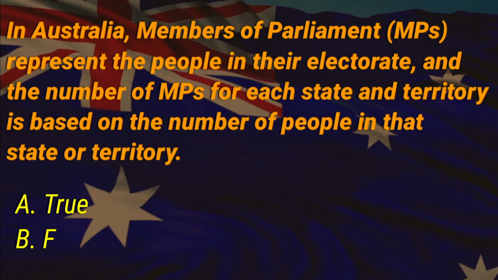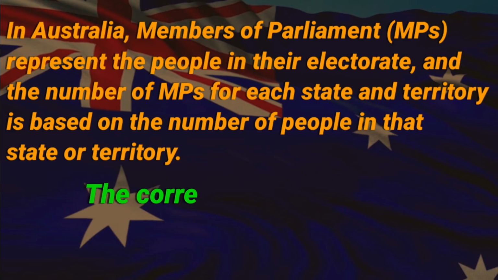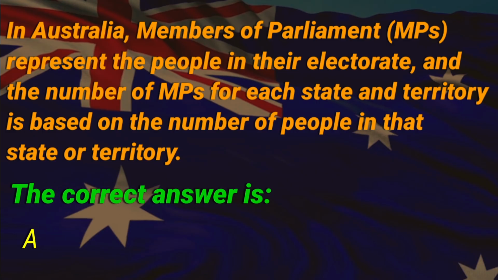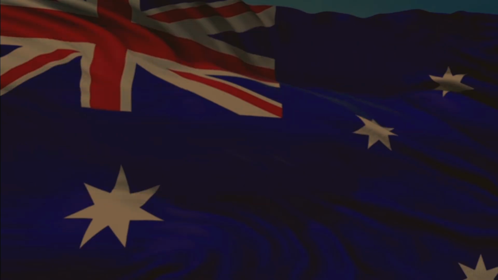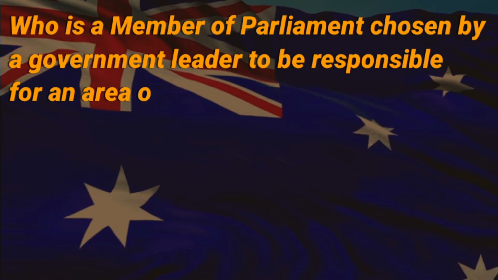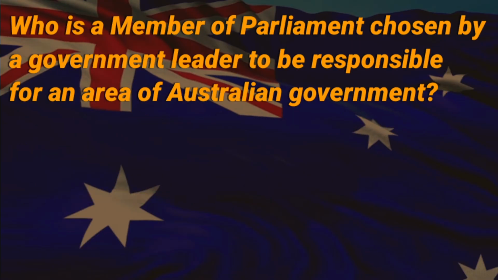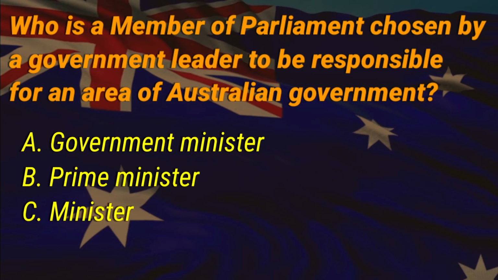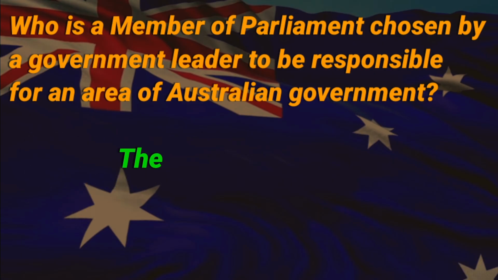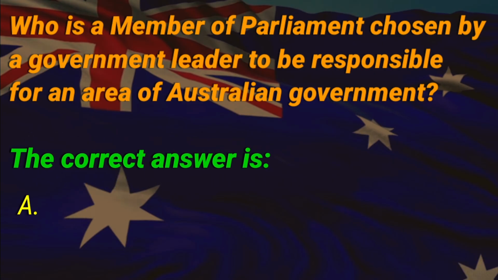A. True. B. False. The correct answer is A. True. Who is a member of parliament chosen by a government leader to be responsible for an area of Australian government? A. Government Minister. B. Prime Minister. C. Minister. The correct answer is A.